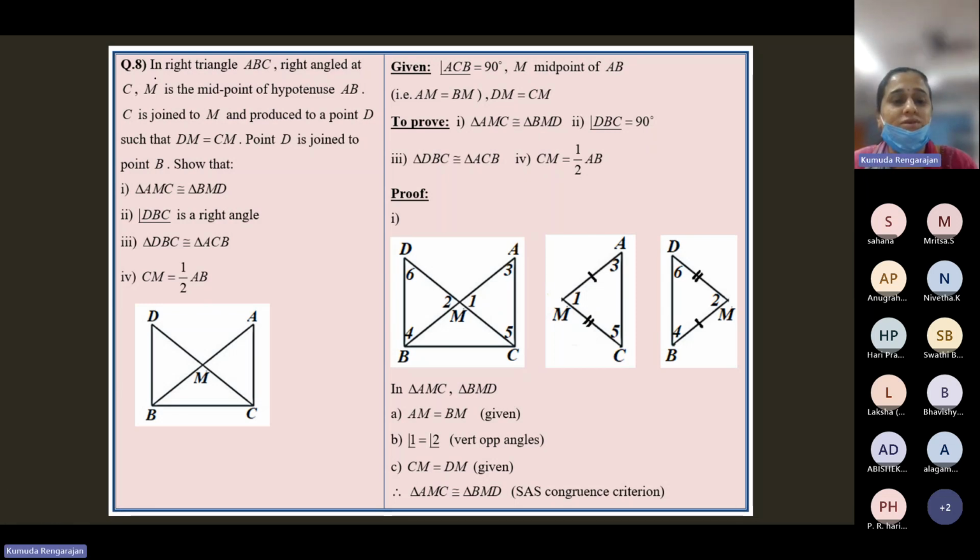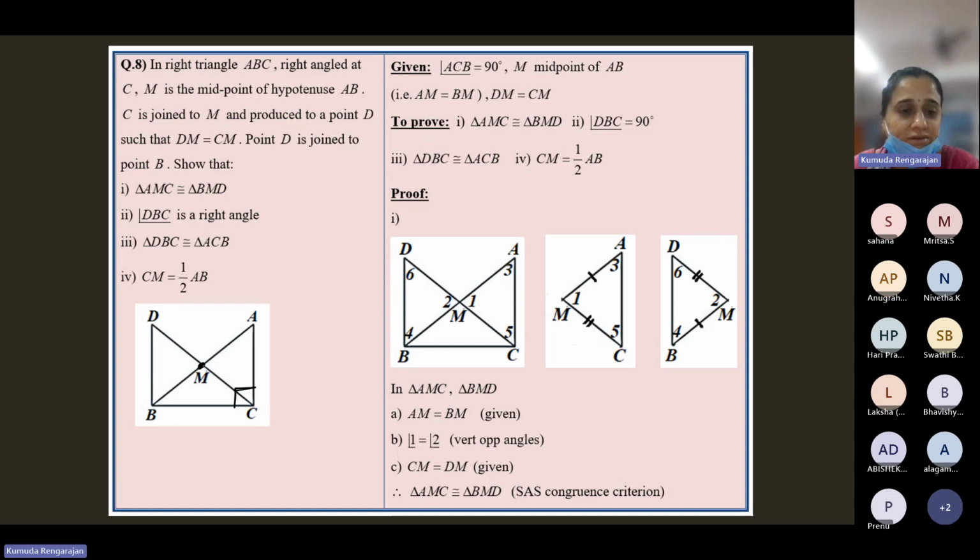So this is NCERT, children. First exercise in NCERT, the last question. In a right triangle ABC, right angle at C, M is the midpoint of the hypotenuse AB.